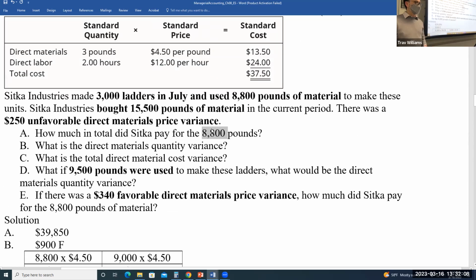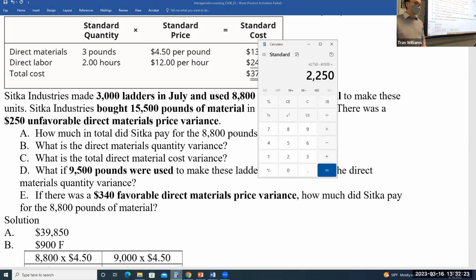You said you take the 8,800 pounds times 450, and then we added the unfavorable price variance. So this time we're going to do the same thing. We're going to take the 8,800 actual pounds times the standard price, and then to figure out what the variance is, because it's a favorable variance, we're going to subtract it.